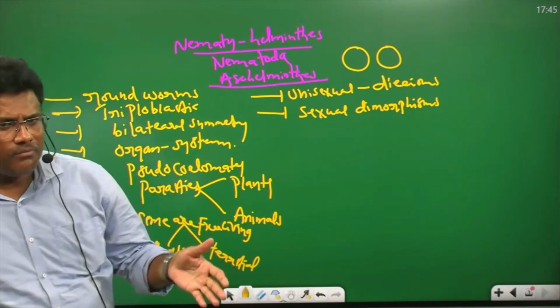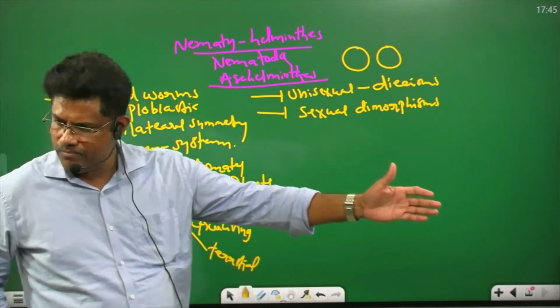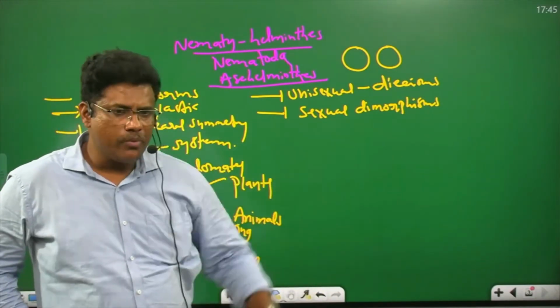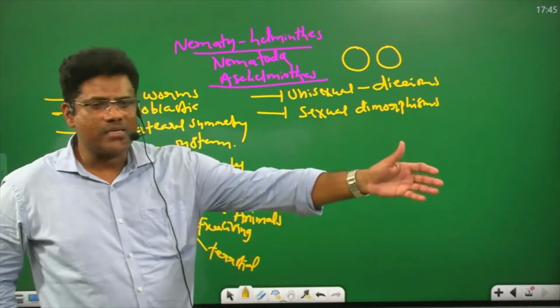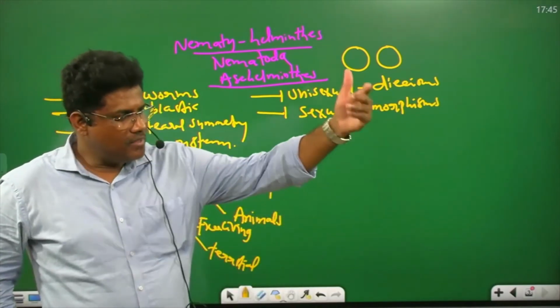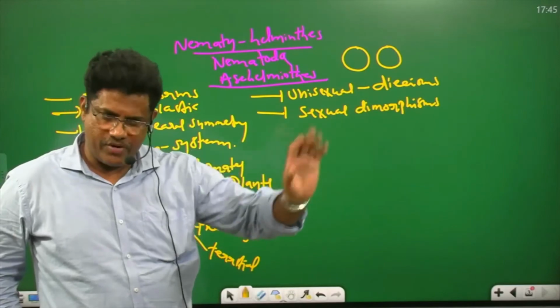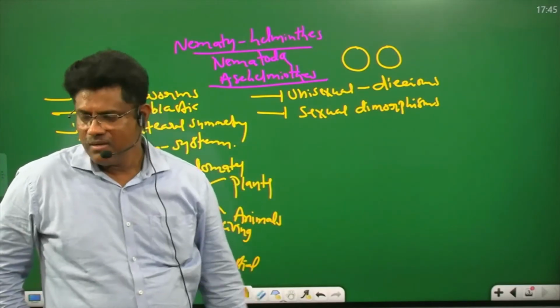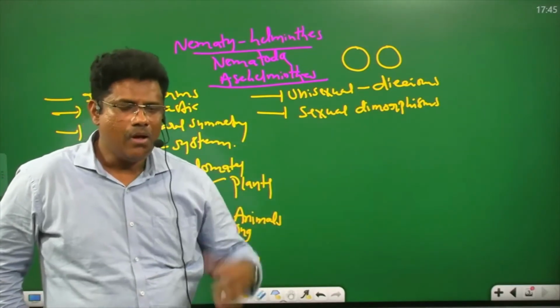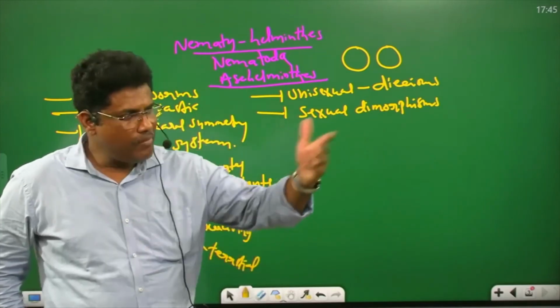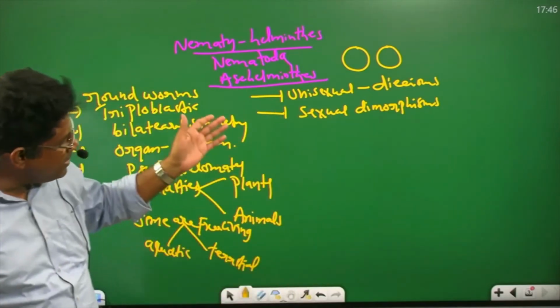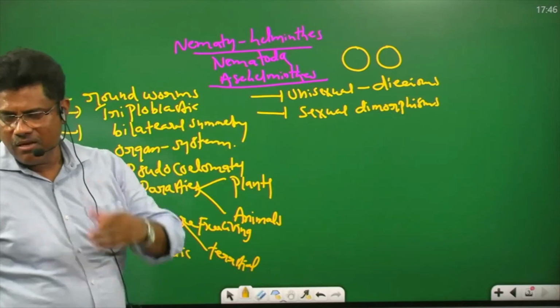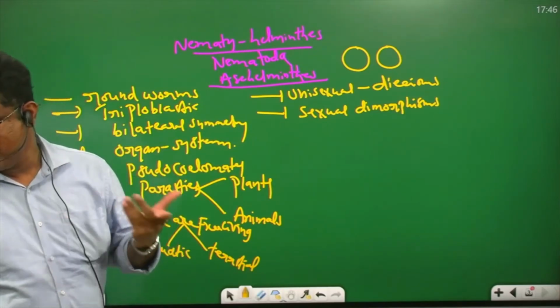For example, here one human being is there. Based on external characters, you can identify whether that person is male or female. Am I right? First is the dress code or external characters, male or female. Here also, with the help of external characters, we can easily find out the male and female.